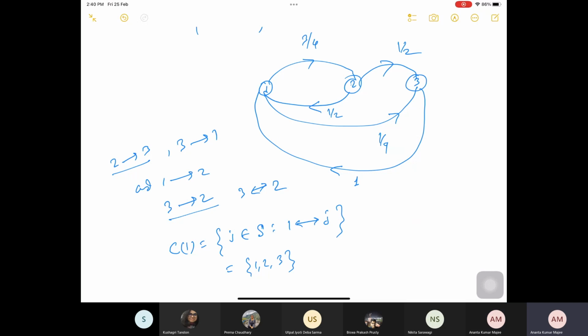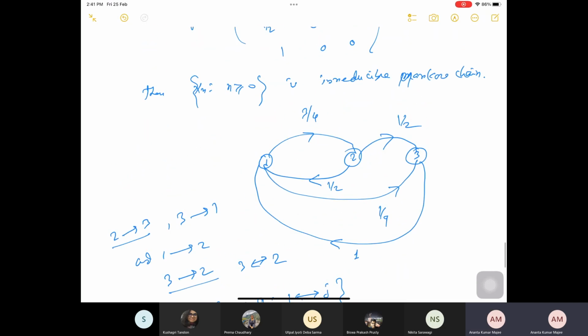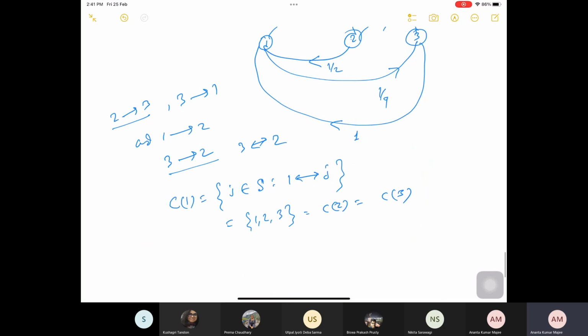Just look at the transition graph. From there I have C1, which is 1, 2, 3. Similarly, you check C2 and C3, they are basically the same. So I have only one equivalence class, or one class. Hence, this Markov chain is an irreducible Markov chain.